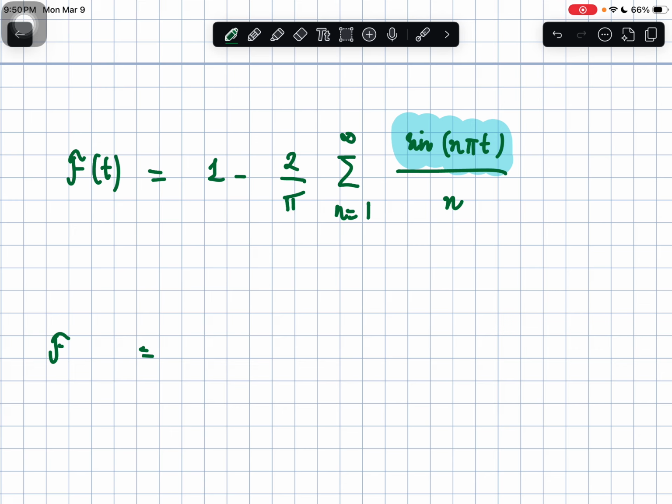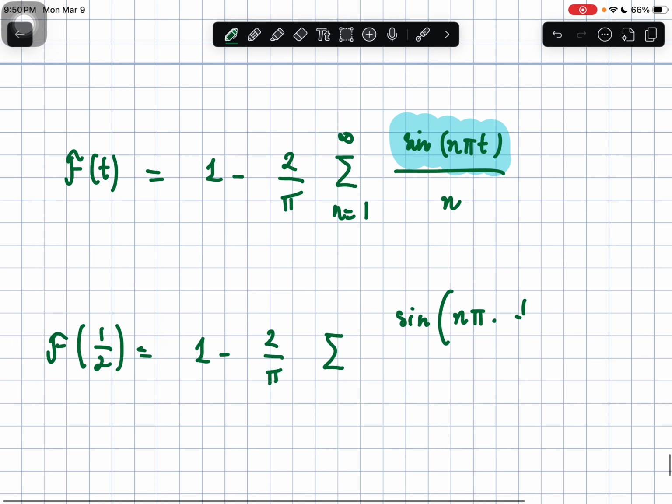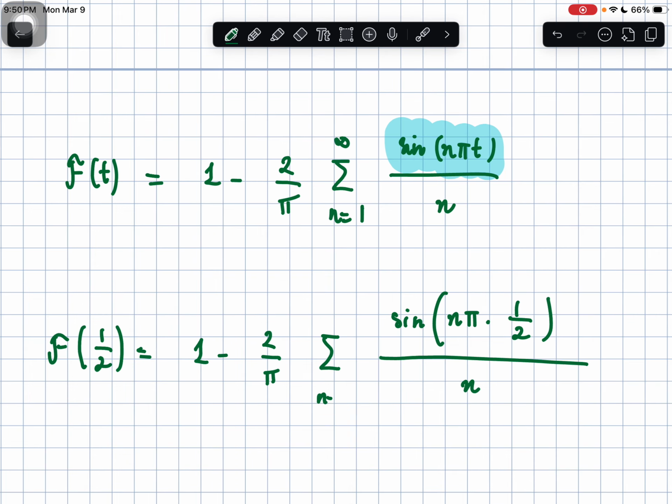f of 1 over 2 equals 1 minus 2 over pi times the sum of psi n pi over 2 over n, from n equals 1 to infinity.